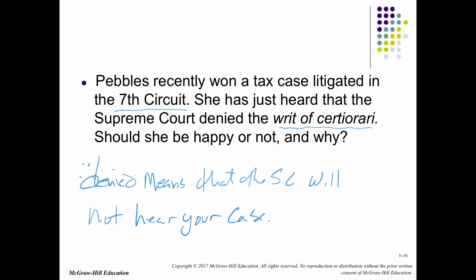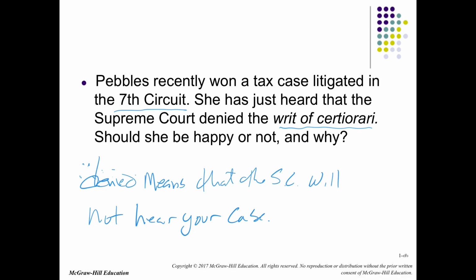All right. In Pebbles' situation, she just won at the circuit level, so at the appeals level, she has won. That is good for her, and she wants to go home and not have to deal with this situation anymore. She just heard that the Supreme Court denied the writ of certiorari. That means the Supreme Court is not interested in hearing that case.